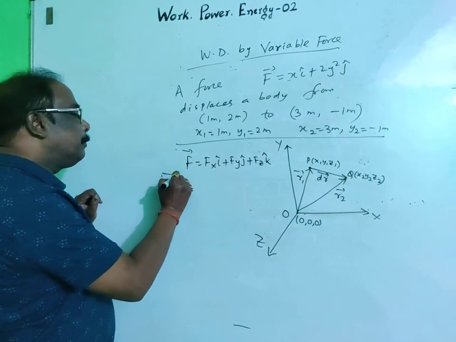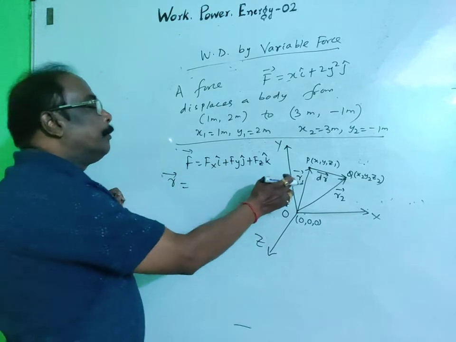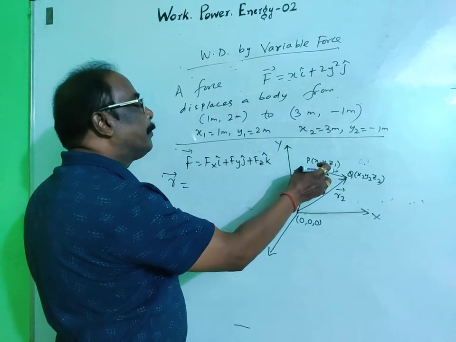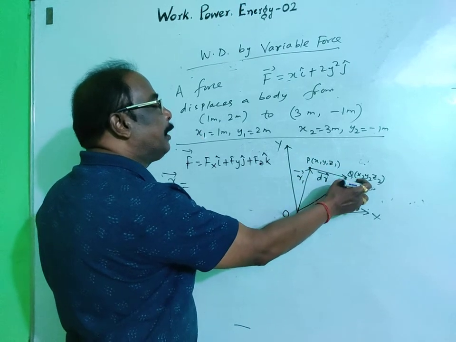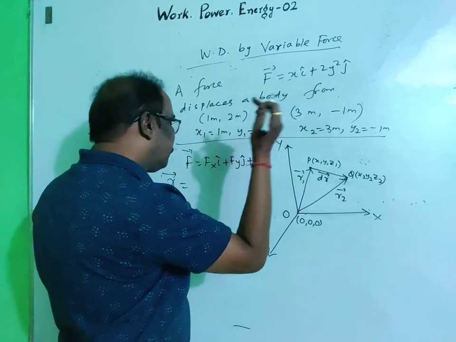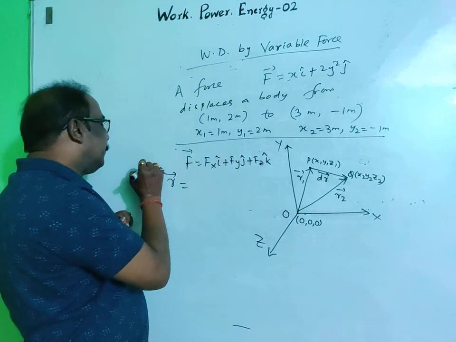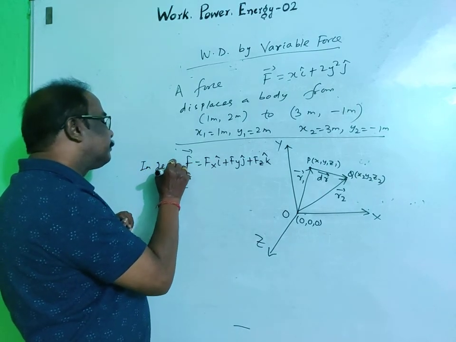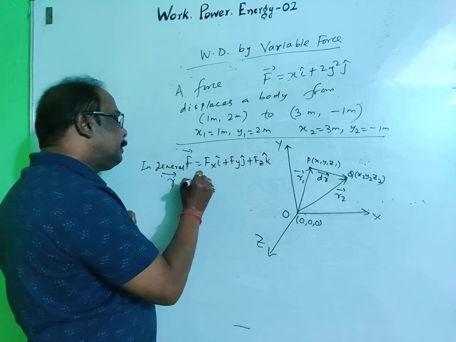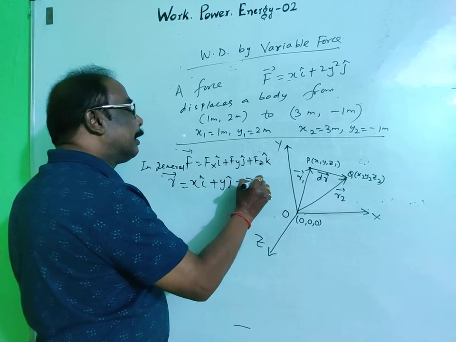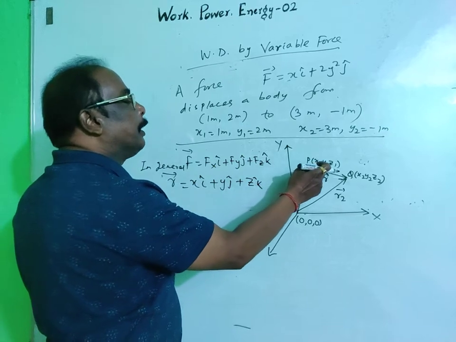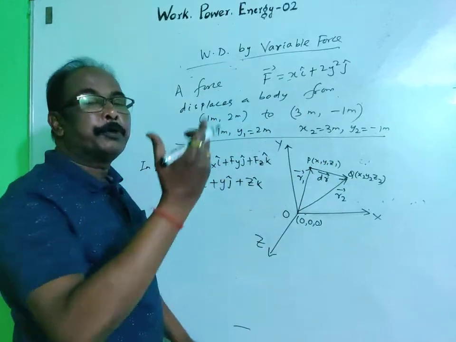The usual form of position vector is x I cap plus y j cap plus z k cap, accordingly here x1, y1, z1, and here x2, y2, z2.